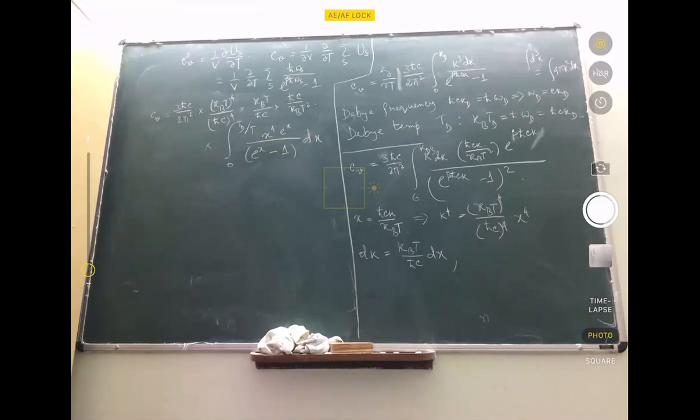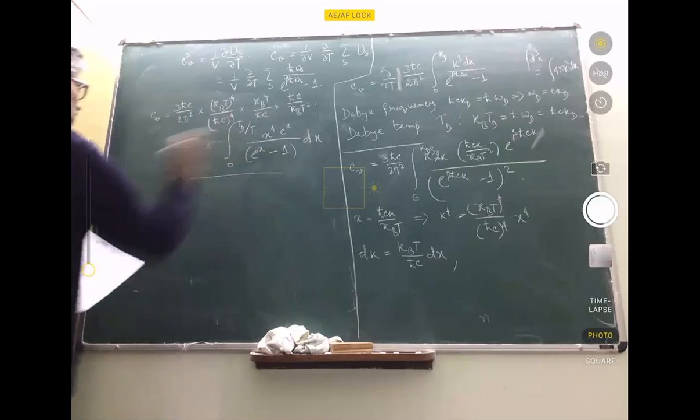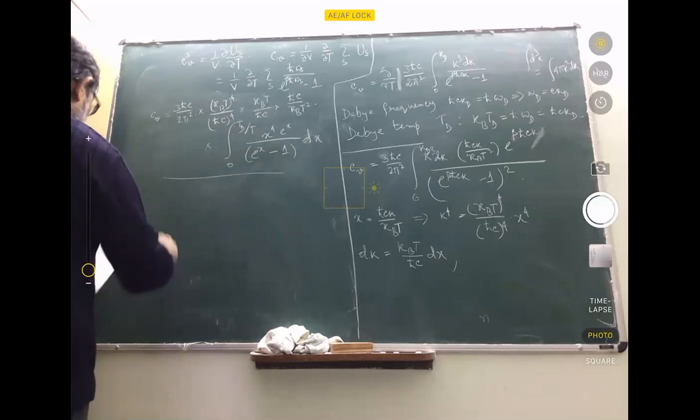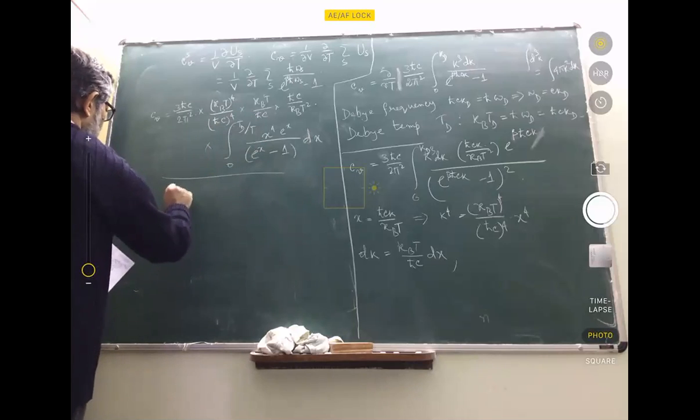Now, after this, there is just a trick one has to use to get it in the standard form that we see is given in the book. So basically, that's where this relation becomes useful. So this part is straightforward, and from there you have to use this relation.